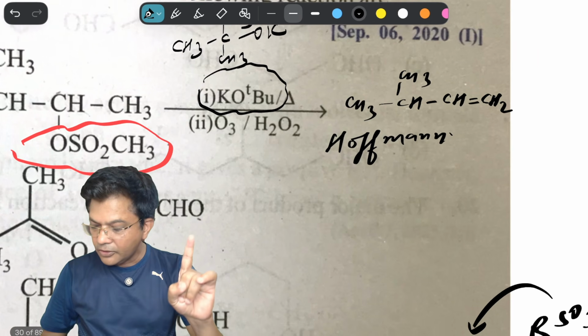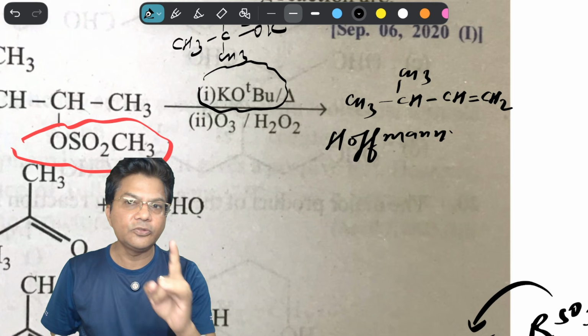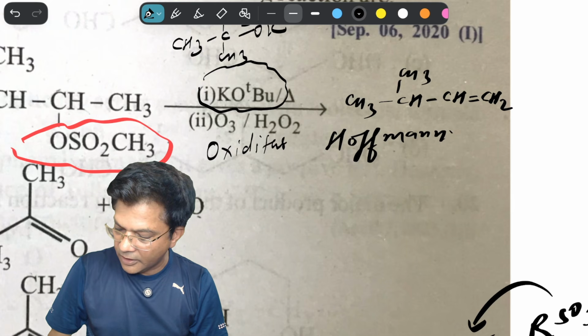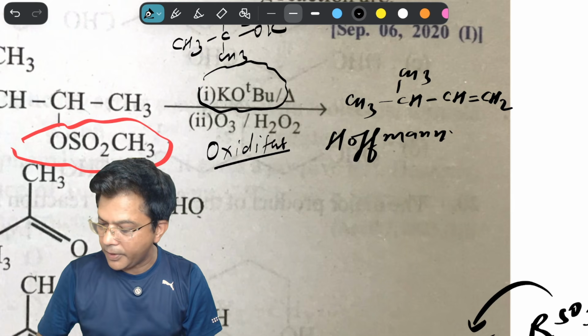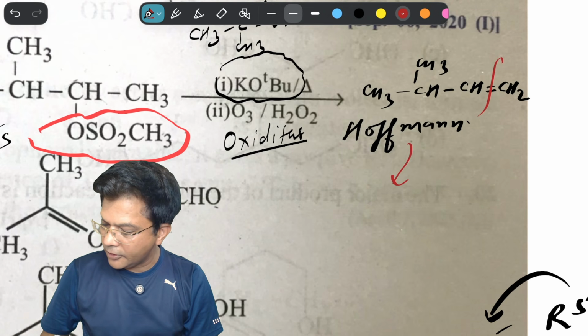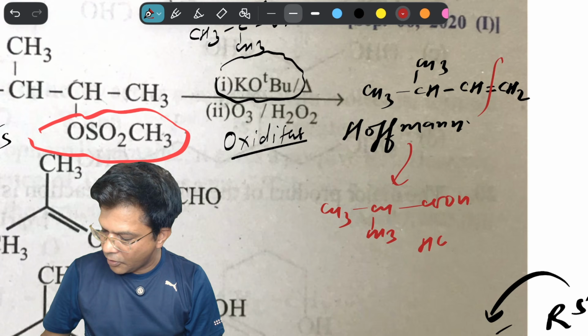And then you see O3 and H2O2. That means oxidative ozonolysis. No zinc is there, no dimethyl sulfide is there. So definitely oxidative ozonolysis. So break the bond from here and you will get CH3, CH3, COOH and HCOOH.